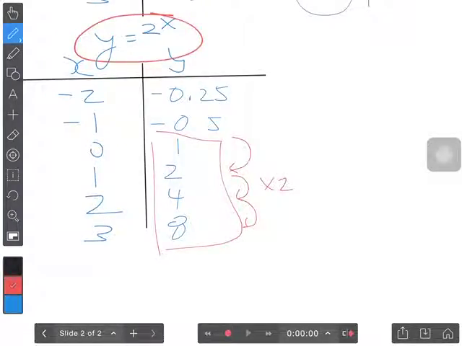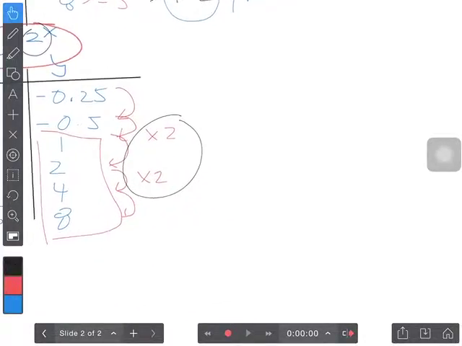So if we go back and we take a quarter and double it, that gives us 0.5, half times 2. So we find that all we're doing here is multiplying by 2. It could be multiplying by 3, but it goes back to what the base is for your function. So because this is base 2, you're going to be multiplying by 2. If it was base 3, you'd be multiplying by 3.